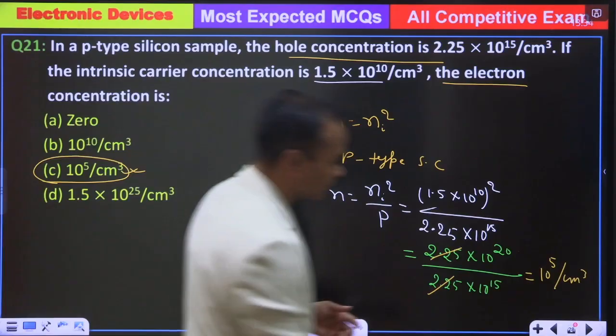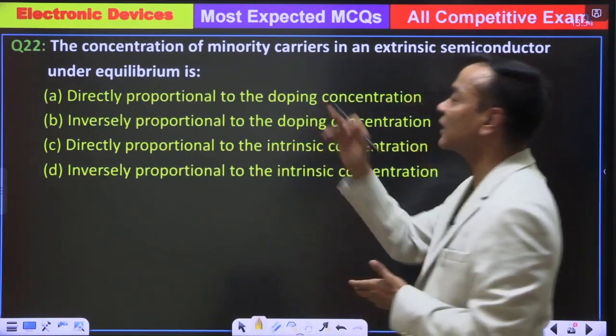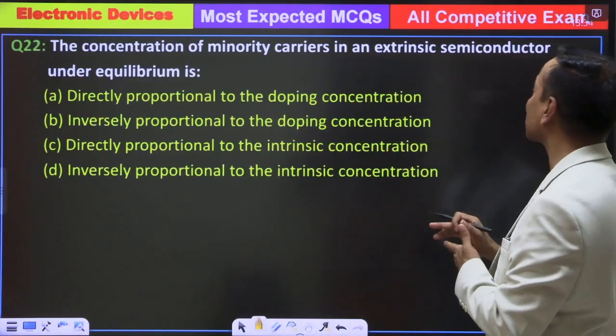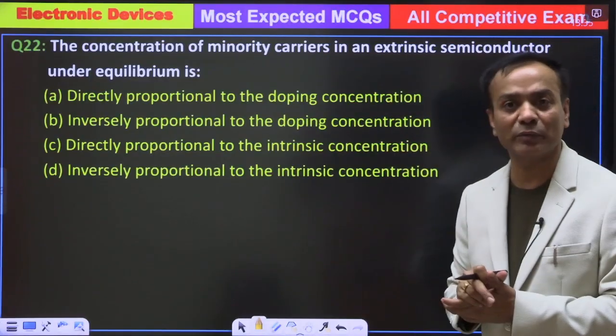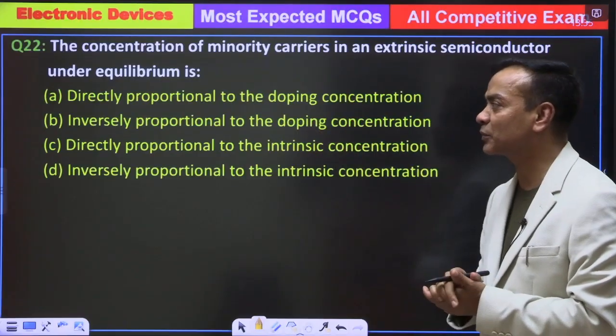Now we'll see the next question: the concentration of minority carriers in an extrinsic semiconductor under equilibrium is, and these are the options.